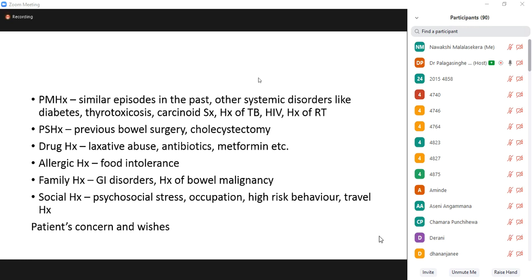Bile acids do not get absorbed because they flow very fast into the bowel, unlike in a patient who has a gallbladder. So due to poor bile acid reabsorption, the patient develops diarrhea following cholecystectomy.